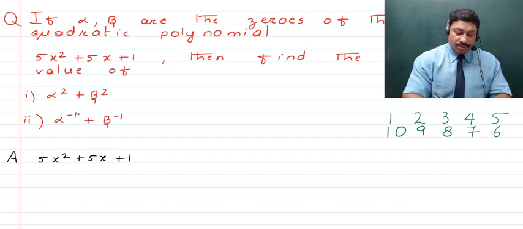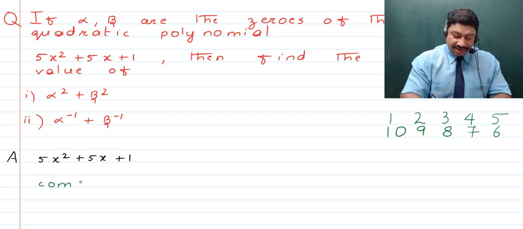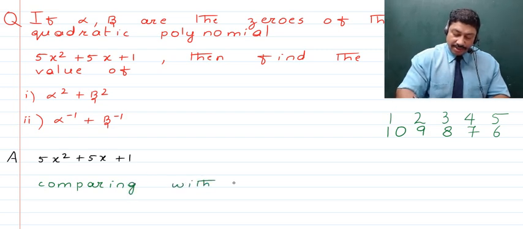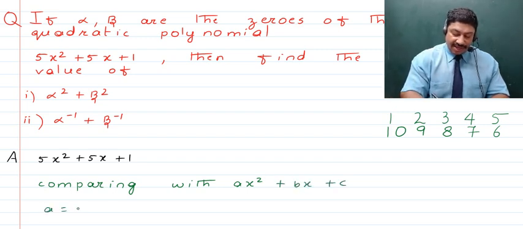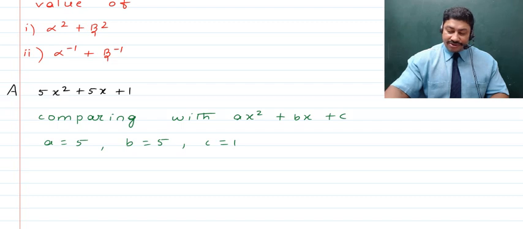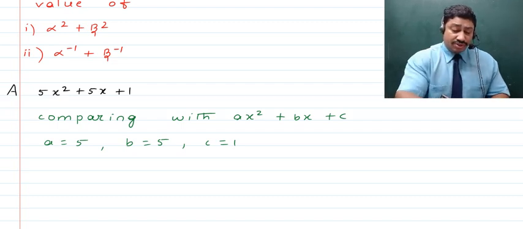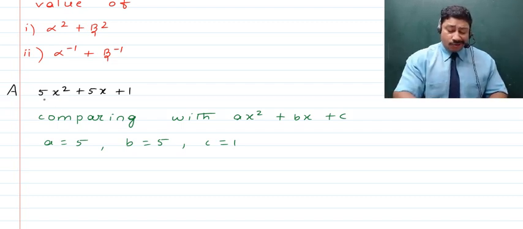Now children, here we will say comparing this with the general quadratic expression ax squared plus bx plus c, we will get the value of a to be equal to 5, the value of b to be again equal to 5, and the value of c to be equal to 1, right?